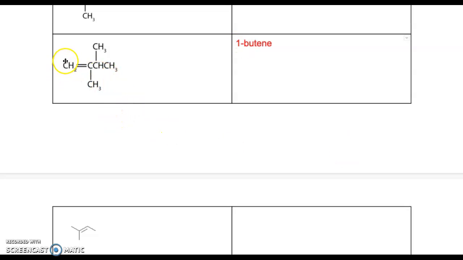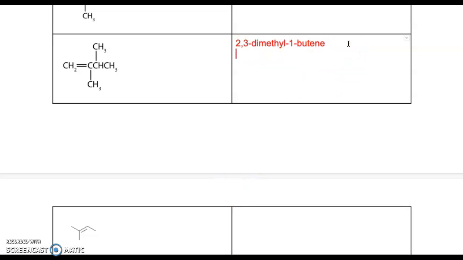So we started from here. 1, 2, there's one at carbon number 2, and 3, there's one at carbon number 3. So we include them as well. We have 2 identical ones, right? Both of them are methyls. So we write di and then we include methyl. And there you go. This is the name of your next molecule. 2,3-dimethyl-1-butene.